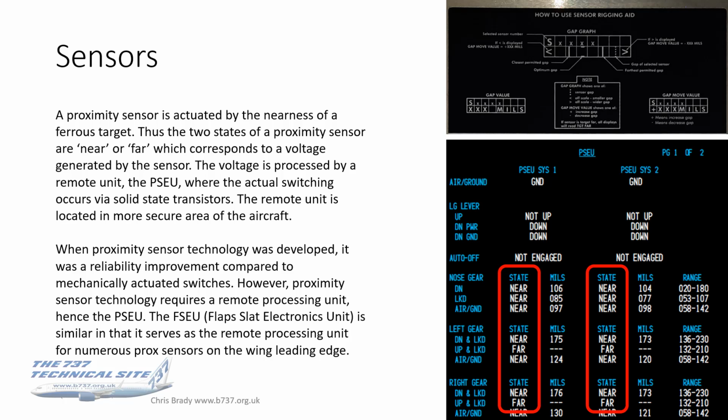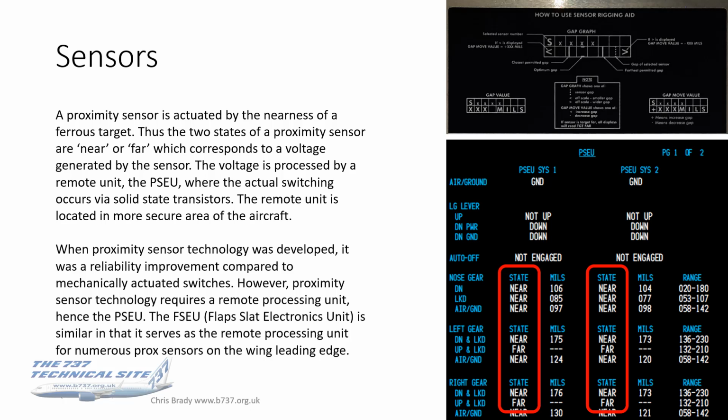Now, a proximity sensor is actuated by the nearness of a ferrous target. So the two states of a proximity sensor are near or far, whereas on a switch it's open or closed. Very binary.